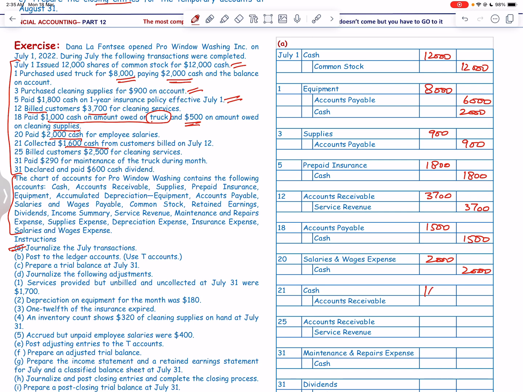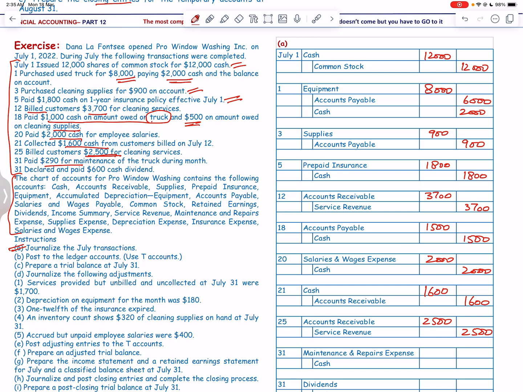Then we have billed a customer for 2,500, so again accounts receivable is debited by 2,500 and service revenue is credited by 2,500. Paid 290 for maintenance of the truck during the month, so that is maintenance and repair expense 290 and cash is credited by 290.